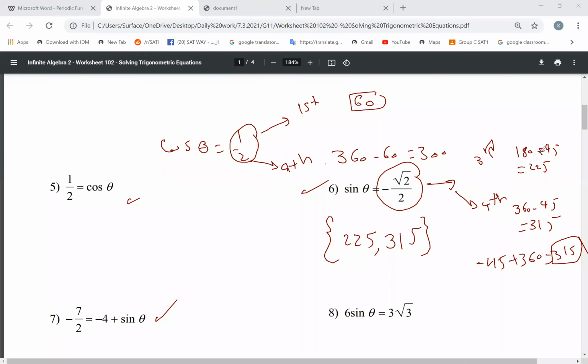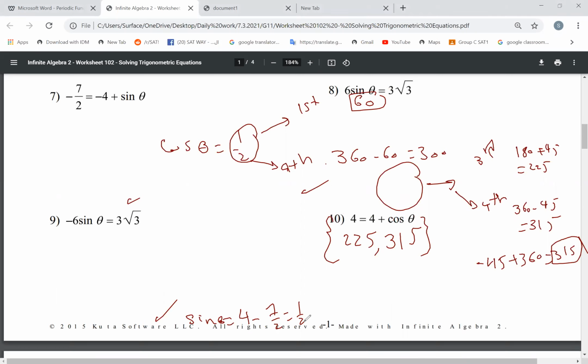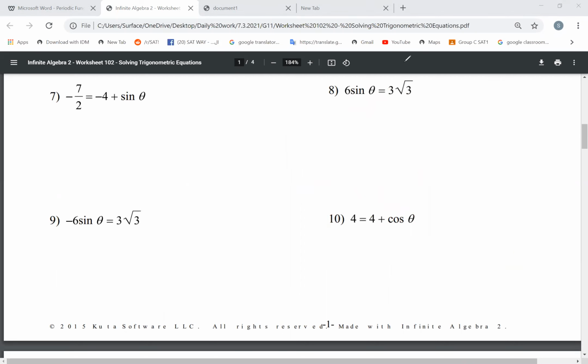The third one, which is the last one, it will be sine theta equals 4 minus 7 over 2, equals half. Equal half. Okay, so sine theta, 1 minute. 30. Okay. Does anyone need a screenshot or something? Okay, where did it go? So sine theta equals half.